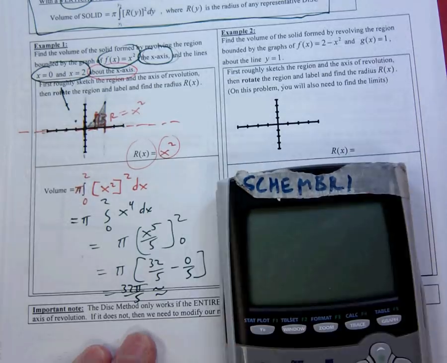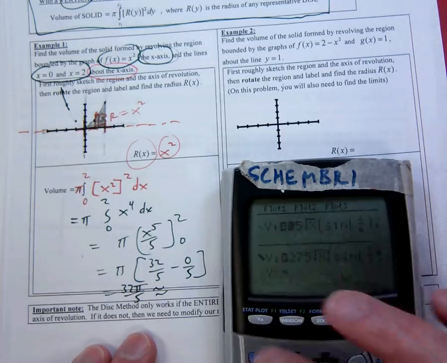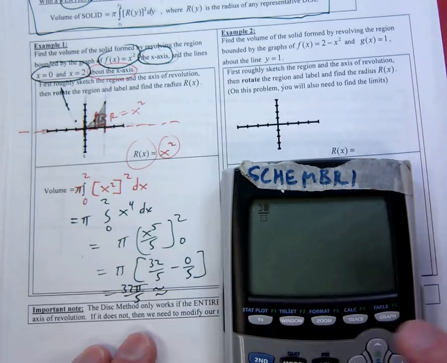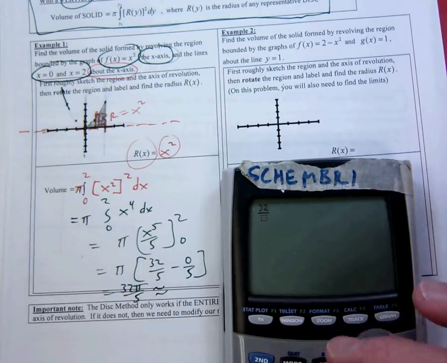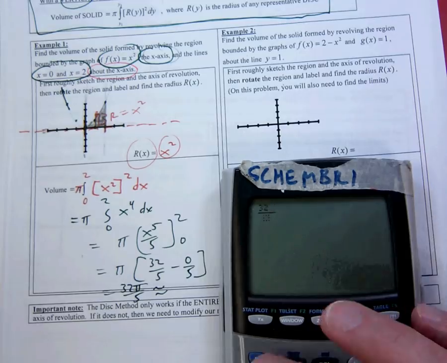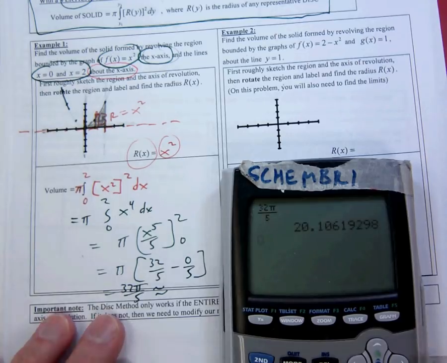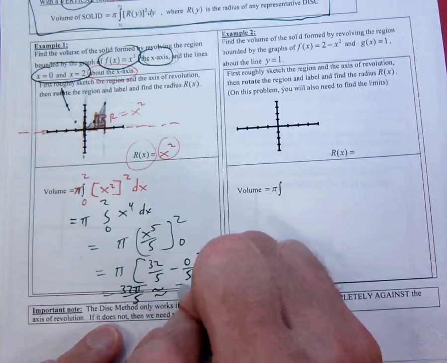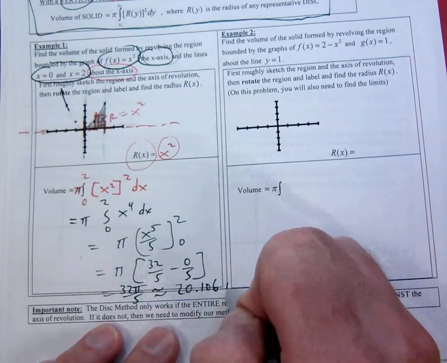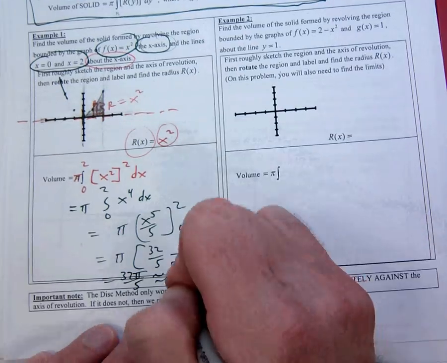Okay, 20.106. Units what? Units cubed. This is a volume.